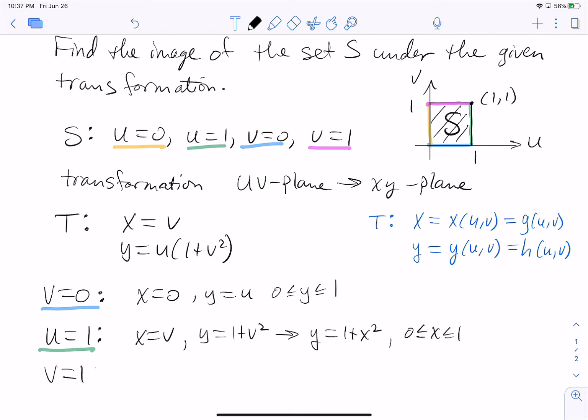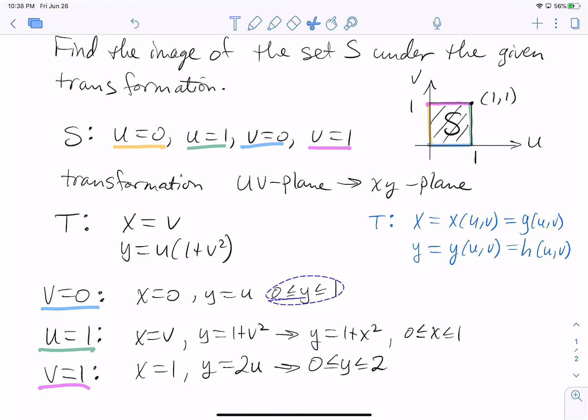For the boundary v equals 1, since x is v, we have that x is equal to 1. Y being u times (1 plus v squared), if v is 1, means that y is equal to 2u. Since, again, u goes from 0 to 1, y will go from 0 to 2.